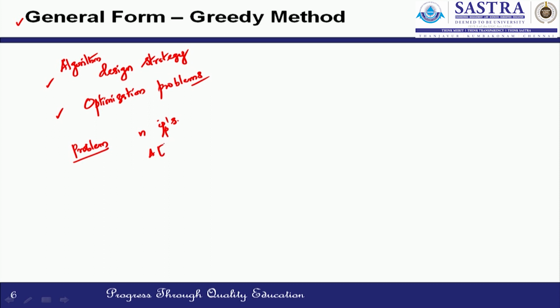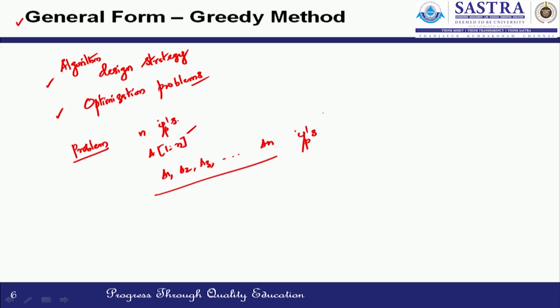Suppose the inputs are stored in an array A. First index is 1, last index is n. So clearly A1, A2, A3, etc., An are the inputs to the optimization problem.